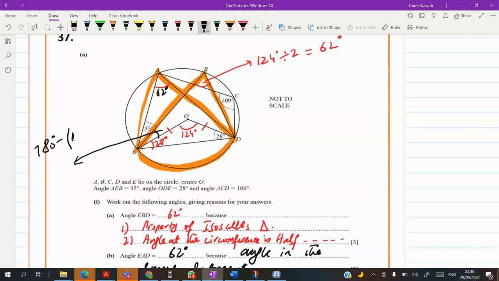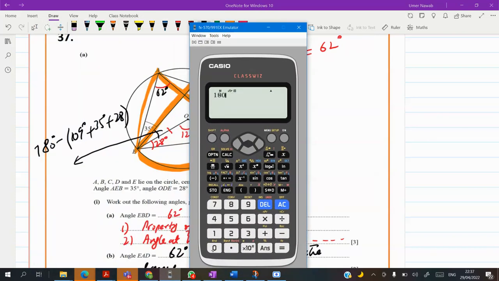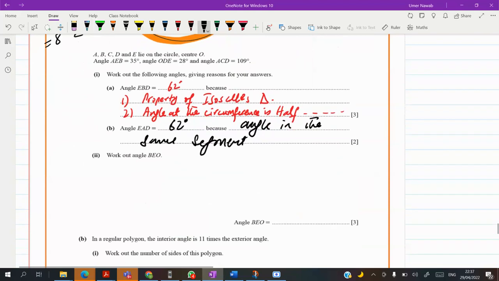You just subtract 109. And also you subtract 35. And also you subtract 28. So 180 minus (109 plus 35 plus 28) gives you 8. So this is 8 degrees.